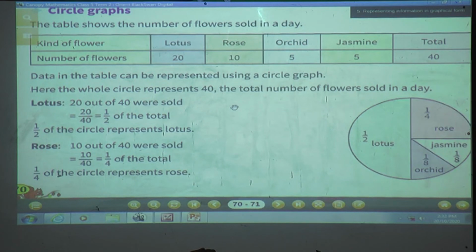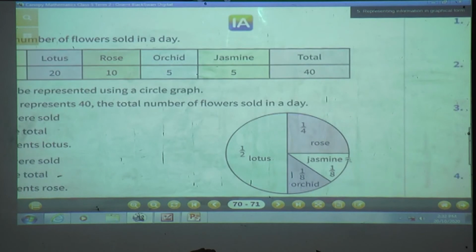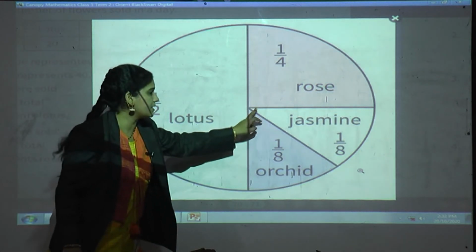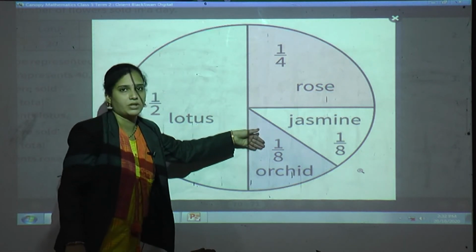Now the next one we'll see. Here, see orchids. How many orchids were sold? 5. 5 out of 40. That means 1 upon 8 of the total. See on page number 71. So 1 upon 8 means half of the 1/4, isn't it?